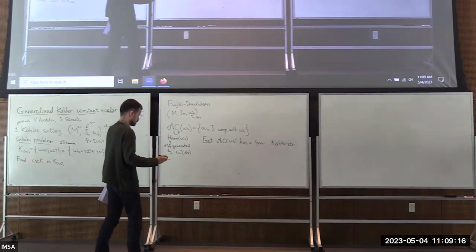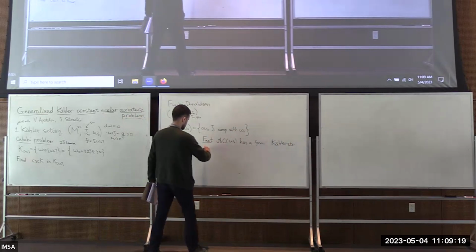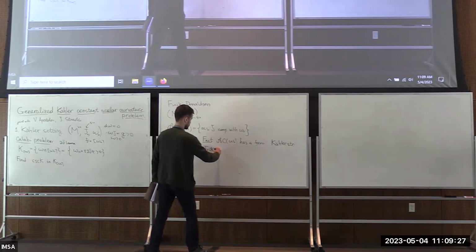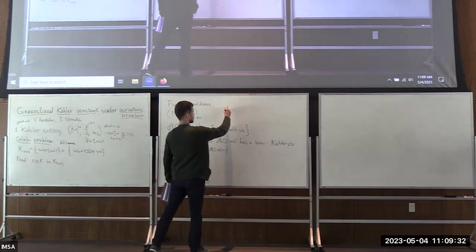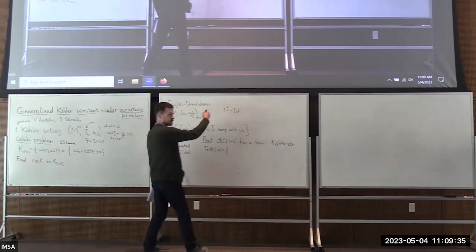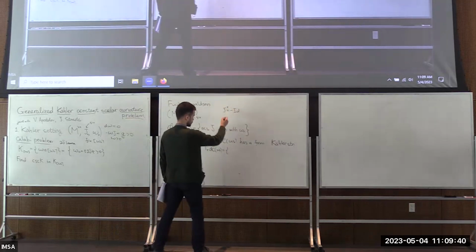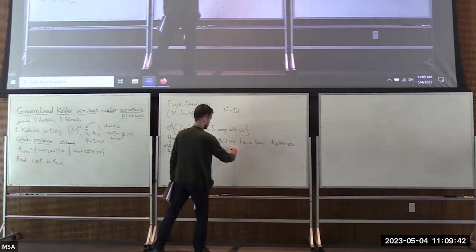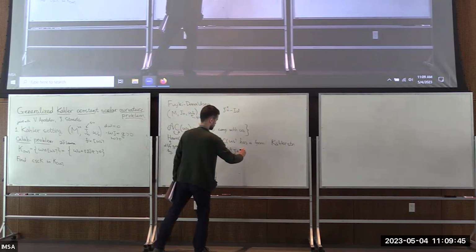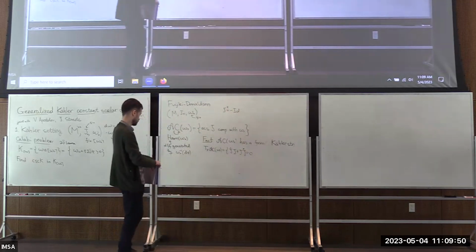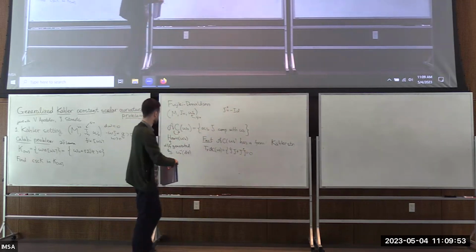Maybe to expand a little bit on this, let me first write what the tangent space is. If I fix a point J in this space, we would like to consider the tangent space. I'm taking this almost complex structure and an infinitesimal variation of it. If my infinitesimal variation is J dot, then J dot will anti-commute with J. That's just the variation of this identity, and then there is also a variation of the compatibility condition.